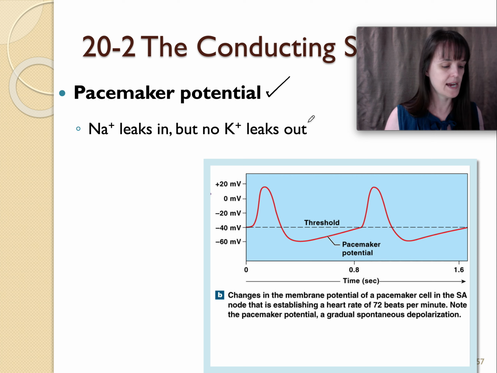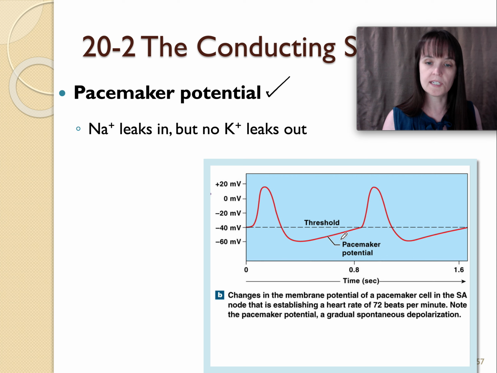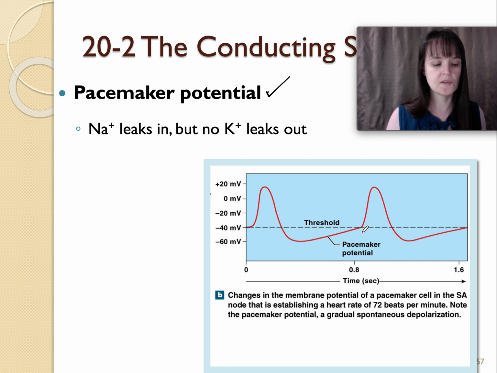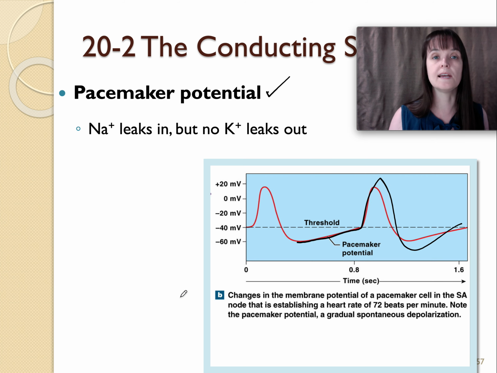And how it happens is there is a gradual depolarization to threshold. How does that work? Sodium leaks in, but the potassium does not leak out. And when sodium leaks in, that makes the inside of the cell less negative until, boom, it hits threshold and heartbeat.